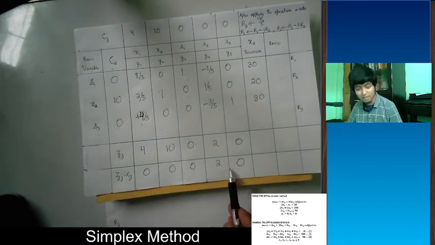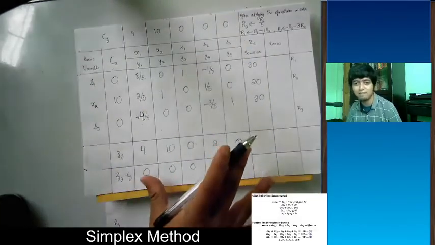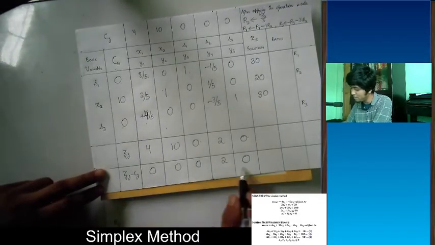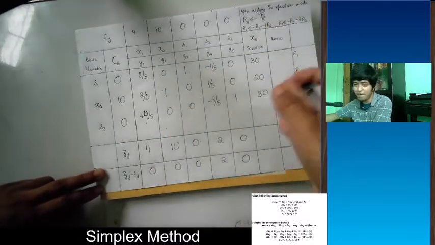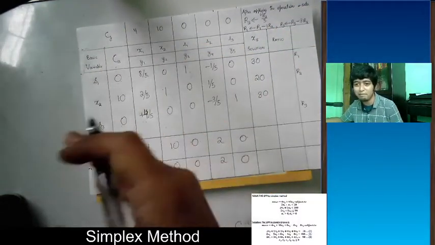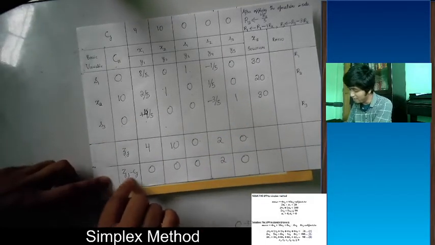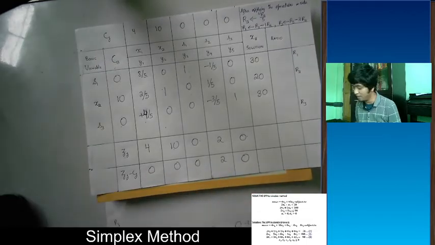If there are no negative values, the table ends right here. Otherwise, we will have to fill in a new table, calculate the ratio, find the pivot entry, find the pivot column. We will have to do all that. But now we are lucky, since none of them are negative, we can end it over here.